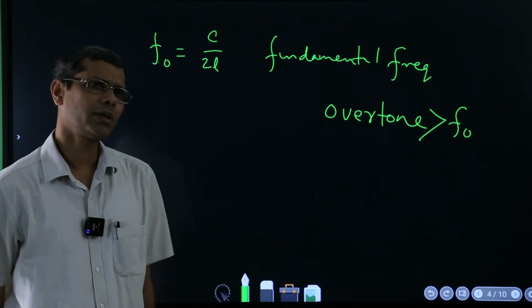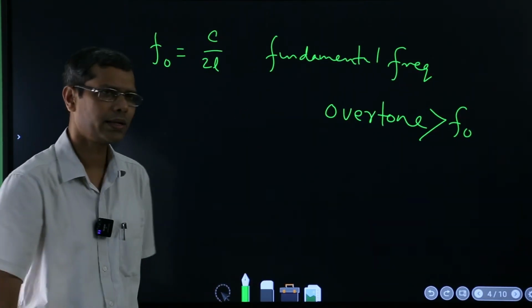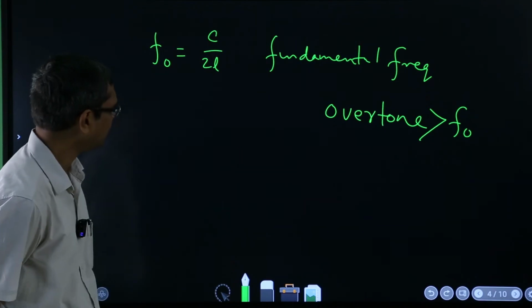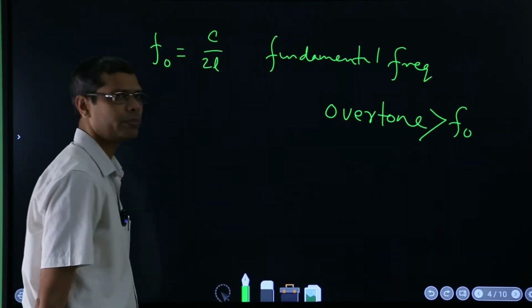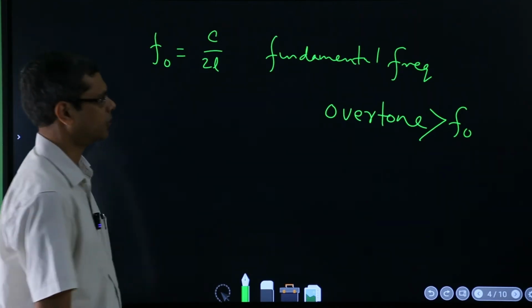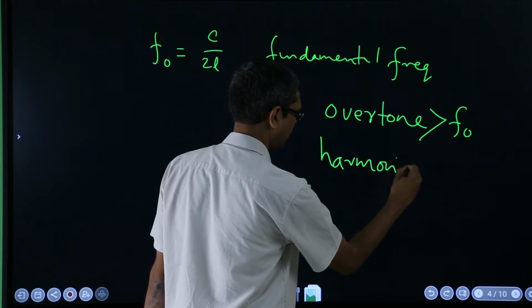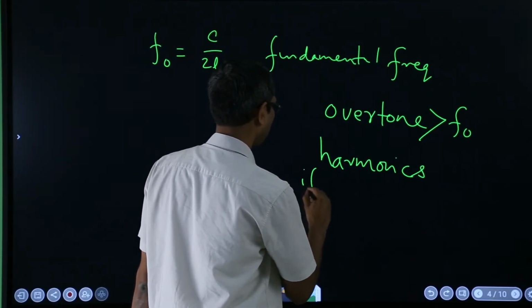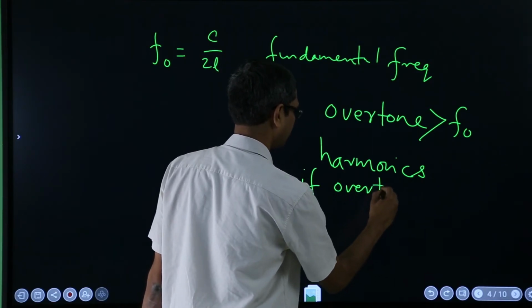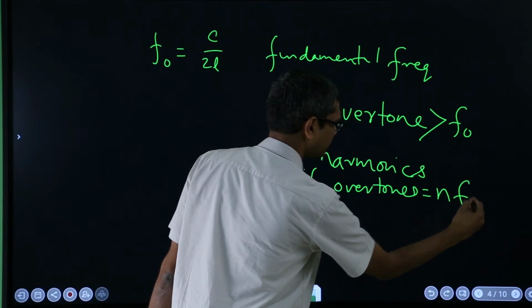Now in some systems any frequency higher than the fundamental can exist, but when these overtones are integral multiples of f naught, they are called harmonics.